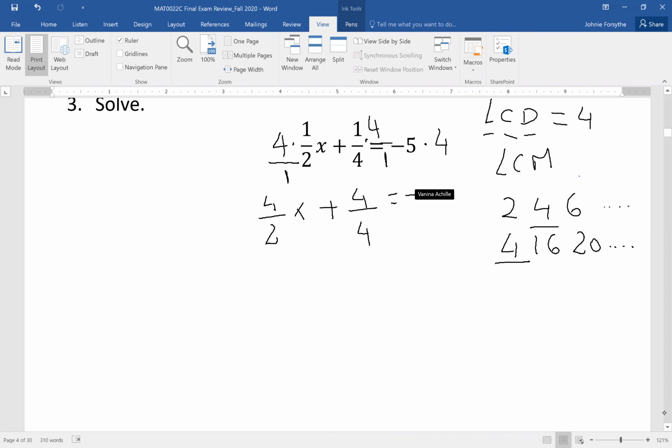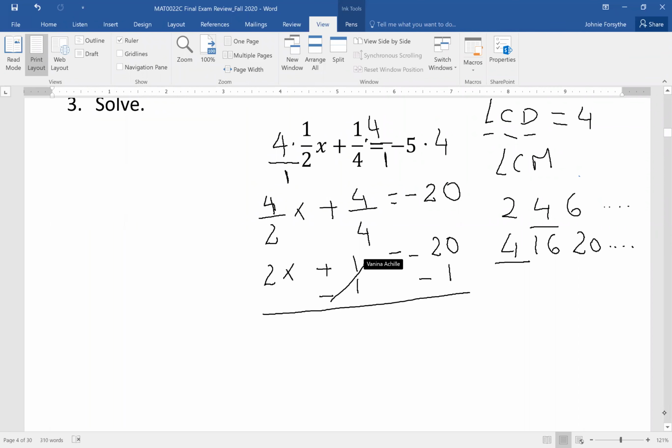Now I'm going to simplify 4 over 2, that's 2x, plus 1 equals negative 20. I'm solving for x. I'm trying to get x by itself. I start by subtracting 1 from both sides to eliminate the positive 1. This cancels.